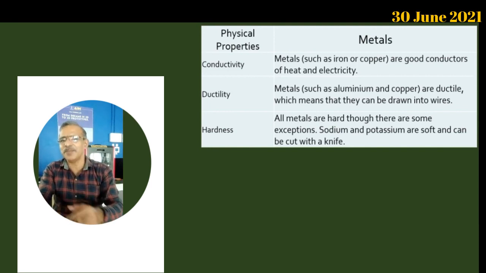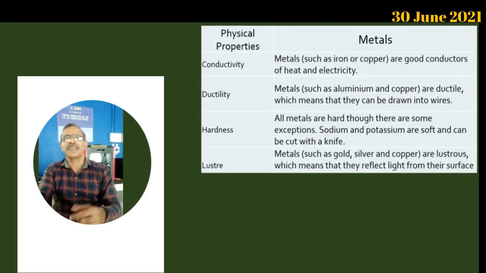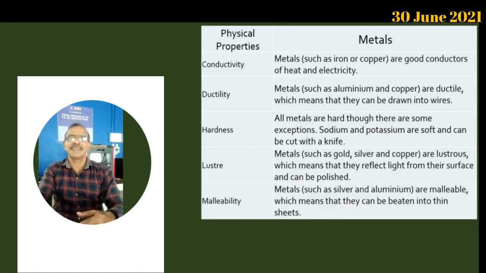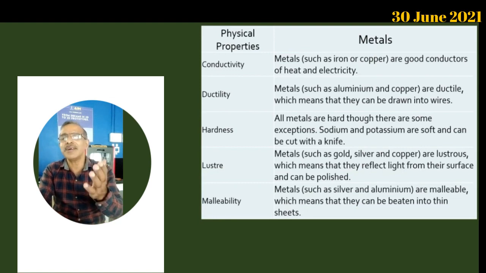They can be cut with the help of a knife. Luster, shining ability. Right? Metals are lustrous. Malleability. Just now I said ability of converting them into sheets by hammering it. Metals are malleable. Again, exceptions, sodium and potassium.